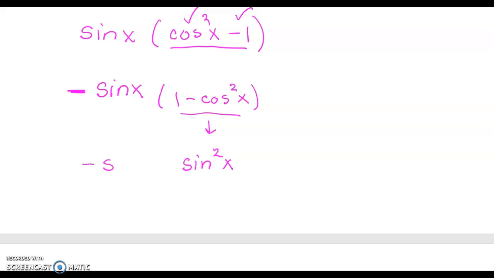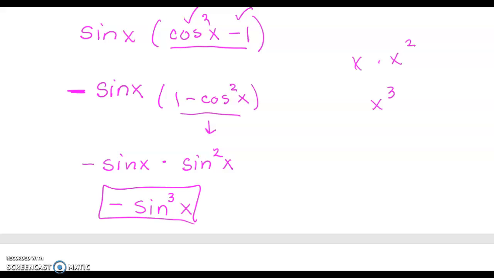So we have negative sine x times sine squared. So we have negative sine cubed x. It's just like if you had x times x squared, that would give you an x cubed. Well, we have negative sine x times positive sine squared. That gives us negative sine cubed x.